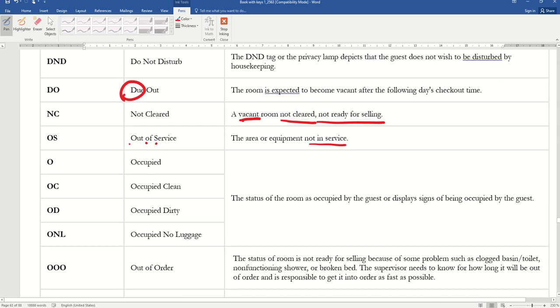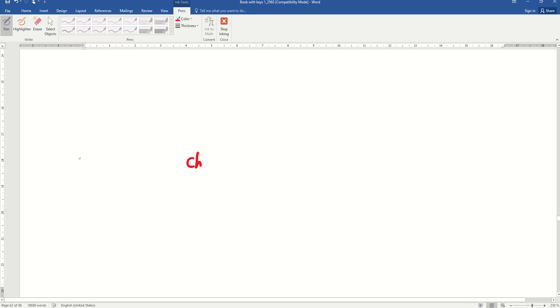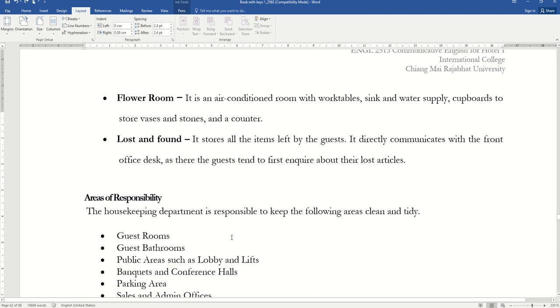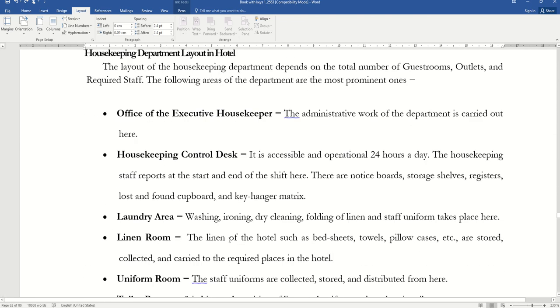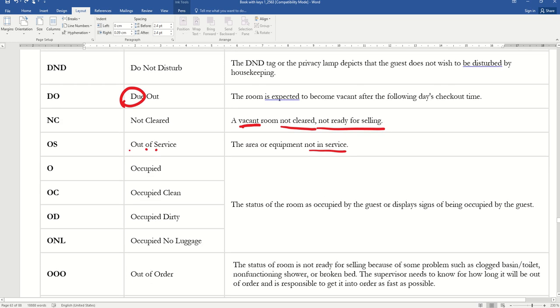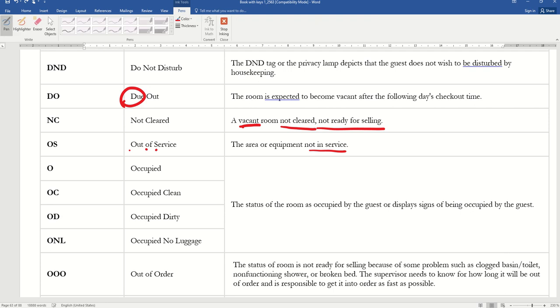O, occupied. We usually hear the word occupied, occupancy. OC, occupied. Occupy means guest check in.